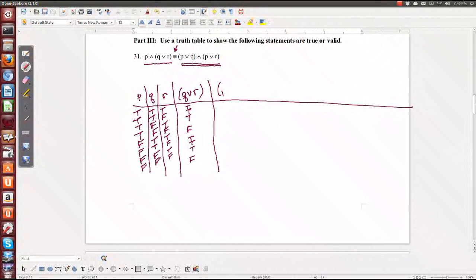When I do P disjunction Q, that's only going to be false in the 7th and 8th row.